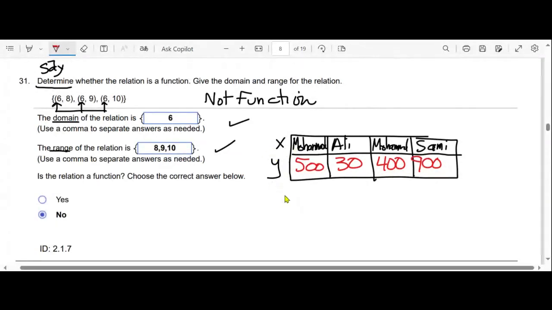Is this a function or not a function? It's not a function because Muhammad is repeated. Yes, Muhammad repeats. Good. So this one is not a function.